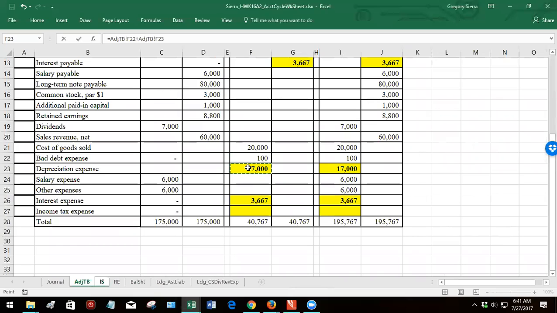I should have been over here. Equals, it's the same number, but you're using the adjusted trial balance, so it's better to be consistent in the same column. So bad debt expense plus depreciation expense plus salary expense plus other.